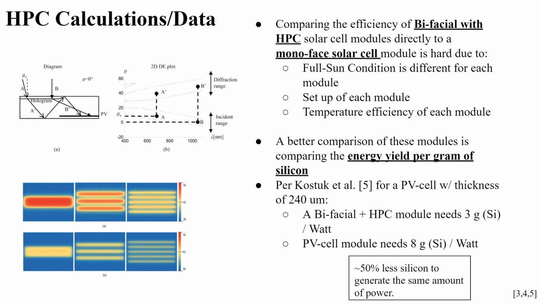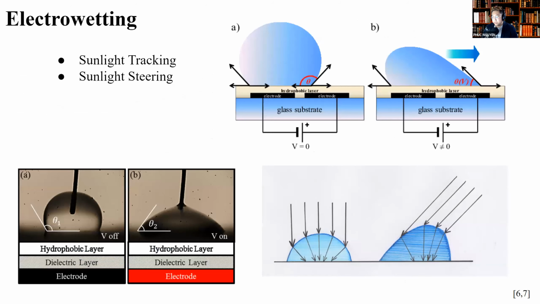So go ahead. And then here's Tara to talk about the electrowetting layer. So solar shade is new and exciting since we're going to be able to take advantage of electrowetting, which is basically the modification of the wetting properties of a surface with an applied electric field.